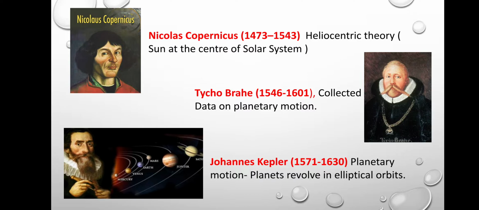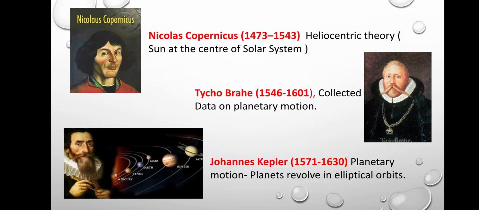Then, looking at Copernicus's work, Tycho Brahe collected all the data of the solar system on planetary motion. Then Johannes Kepler came. By looking at the theories of Nicolaus Copernicus and Tycho Brahe, he formed Kepler's laws, which told that planets revolve in elliptical orbits and not in circular orbits.